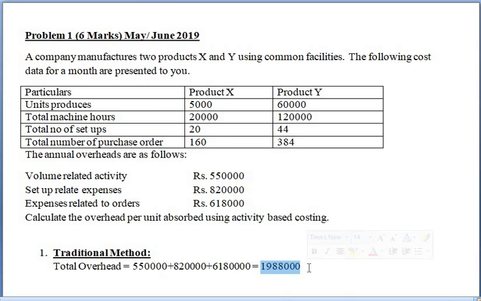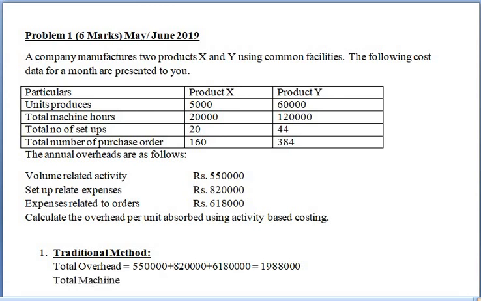This total overhead cost is absorbed through machine hours in the traditional costing method. In the traditional method, the overhead cost is based on machine hours or labor hours. So what are the total machine hours?